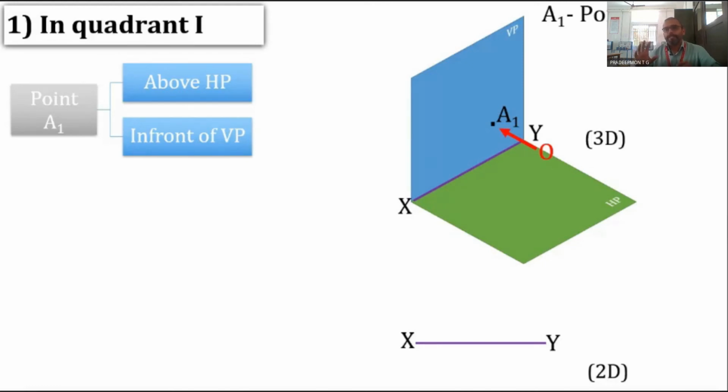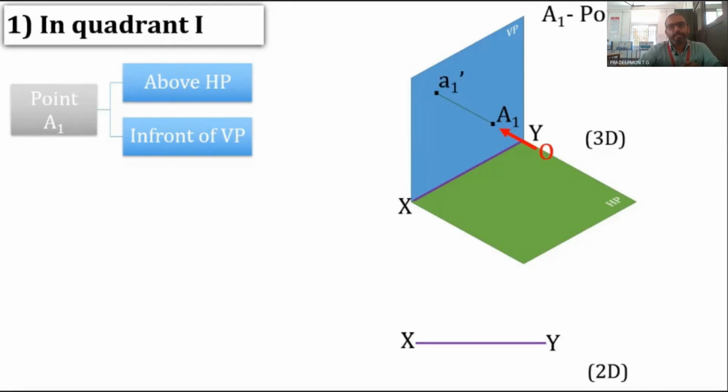The red O represents the observer, and the red arrow represents the direction in which the observer looks, or the direction in which the point is projected. This is the line of projection. So A1 is projected to VP, and this is the front view of A1. We name it as A1 dash.